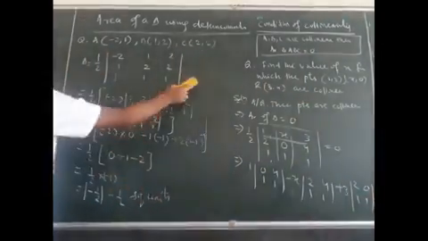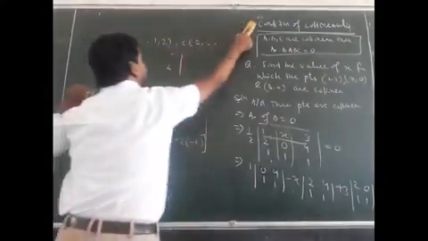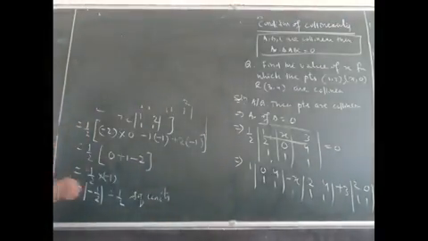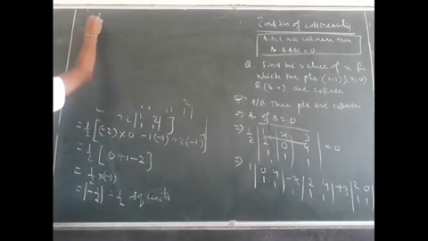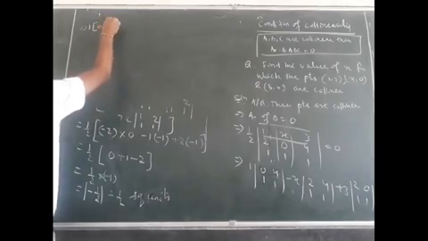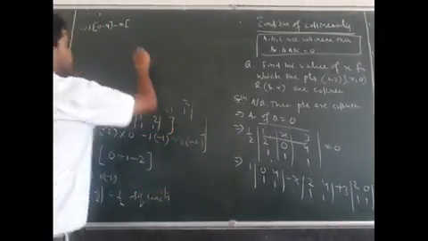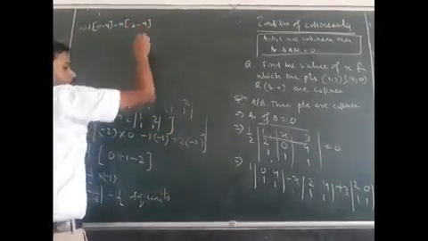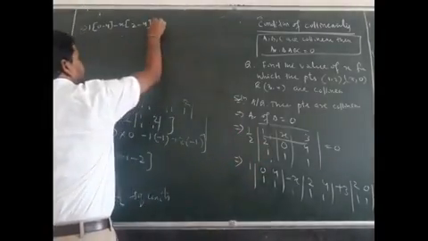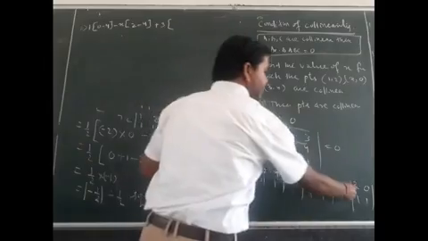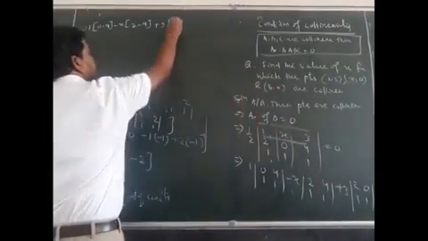Now if I solve this, please see the equation. This is 1 multiplied by 0 minus 4, minus x multiplied by 2 minus 4, plus 3 multiplied by 2 minus 0.